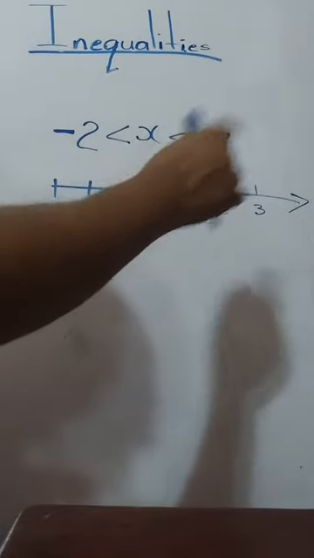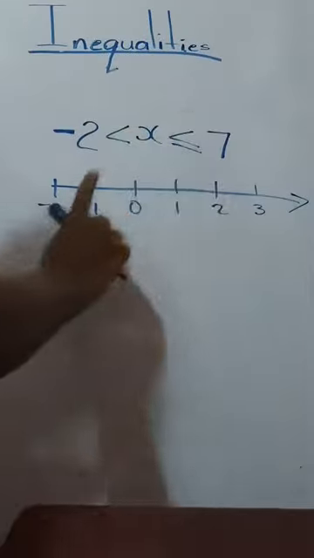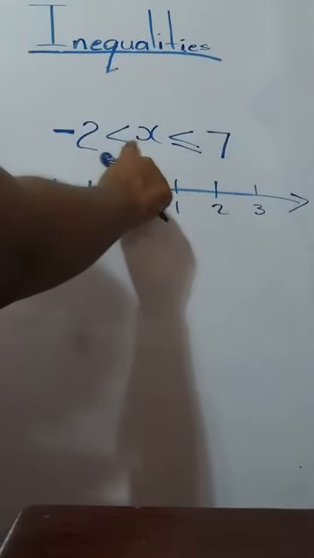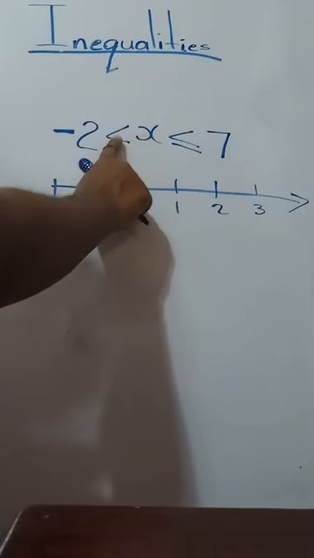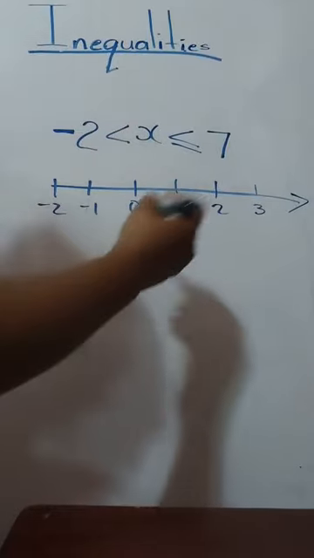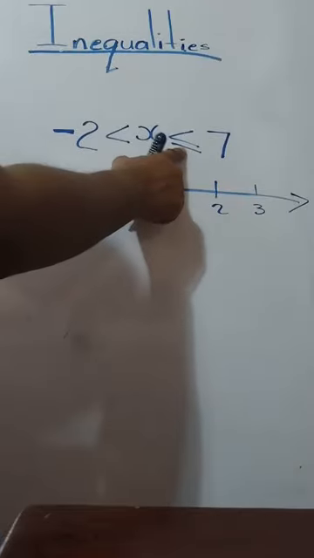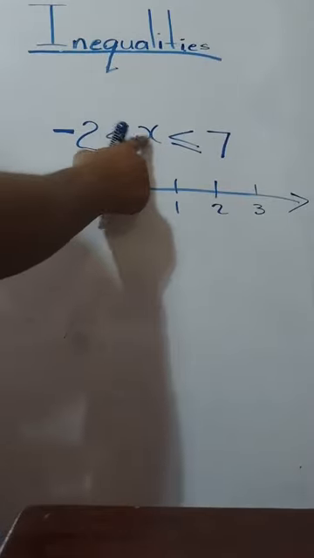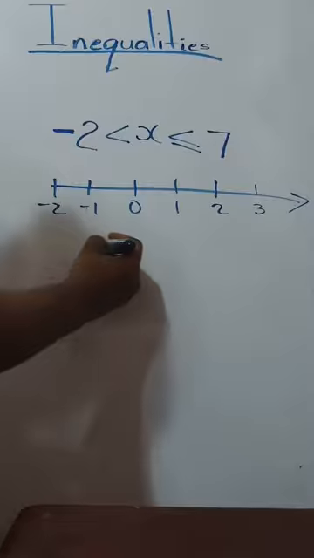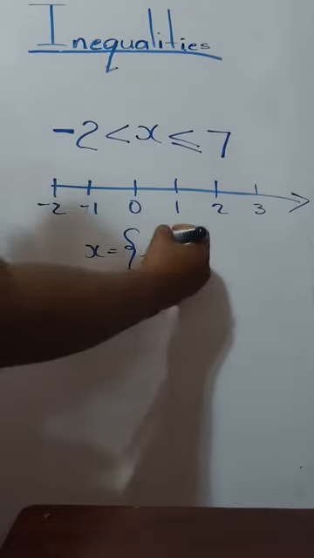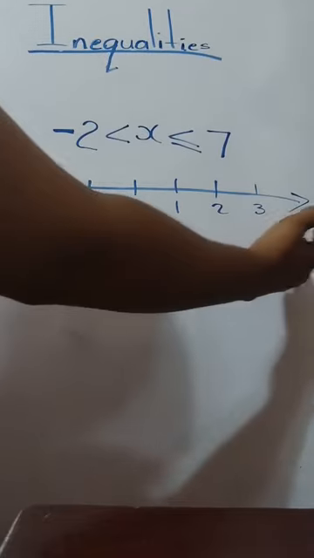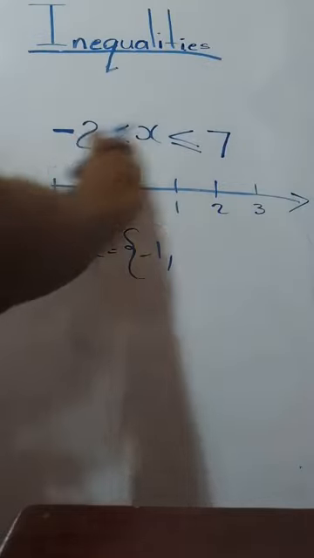Looking at integers only, these are your positive and your negative whole numbers. If x is greater than -2, then the first x value is not equal to -2, you know, this sign is not there. It's not equal to it, it's just greater than it. So it means that x would start at -1. I'm writing the set of numbers that would satisfy this condition here.